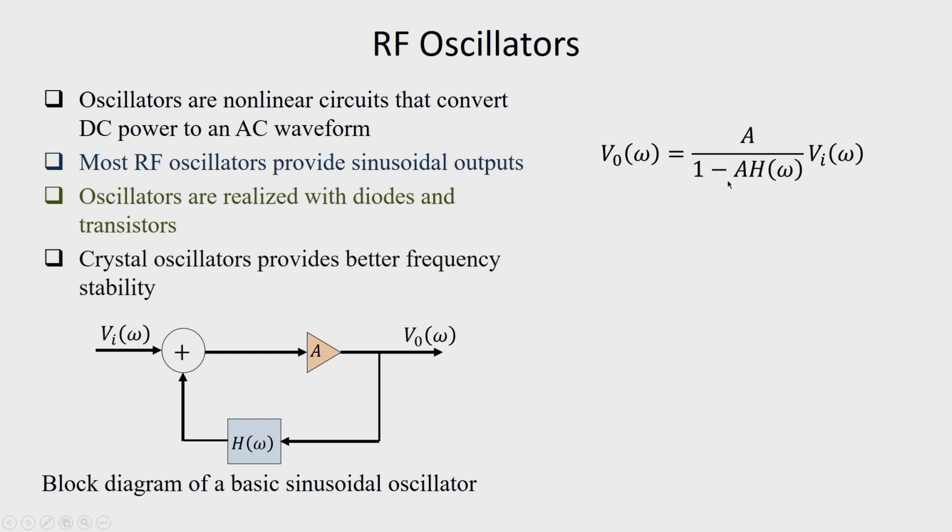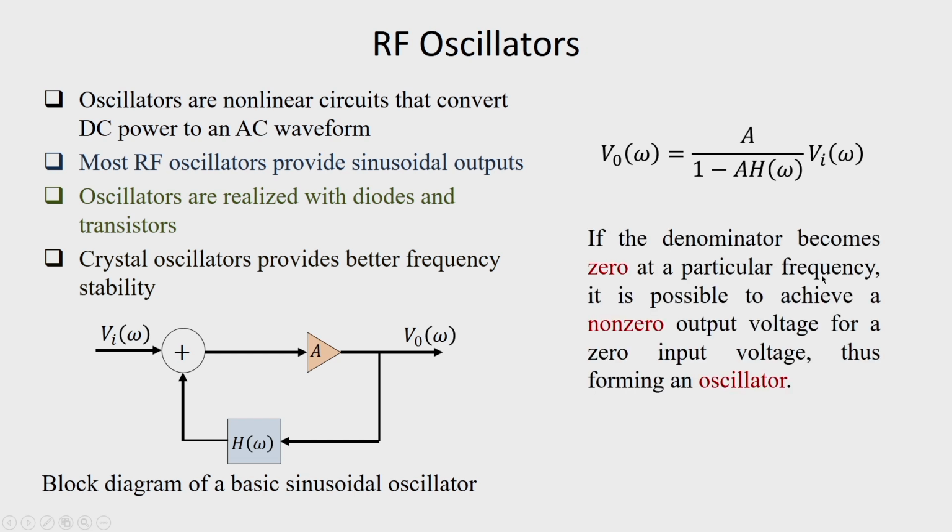So, from there we can write V naught omega is equal to A divided by 1 minus A H omega times V I omega. So, if the denominator becomes 0 at a particular frequency, it is possible to achieve a non-zero output voltage even for 0 input voltage, and thus the circuit actually forms an oscillator.